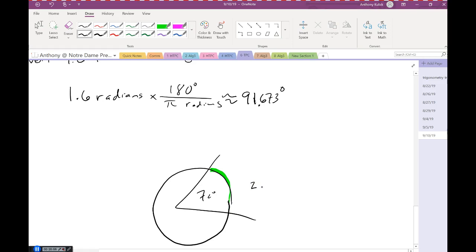In this case, this was 2 pi over 5, right? So again, degrees are basically measuring this kind of an angle. A radian is giving an equivalent measurement. It's giving the length of that arc. Okay with that? So you can use either one of them. You can use them interchangeably.